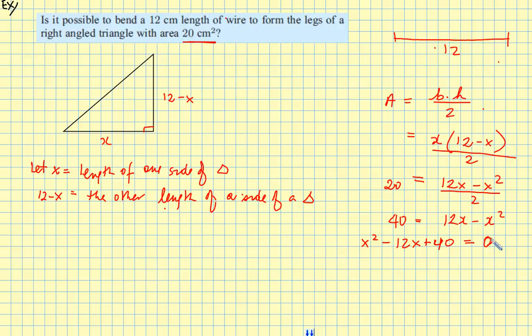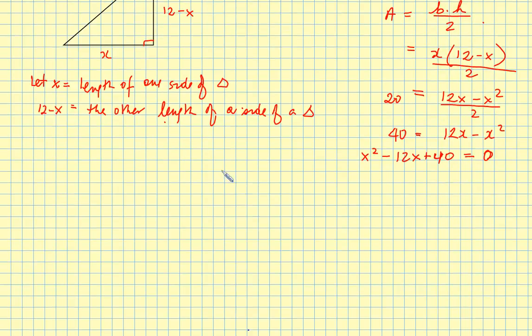Now, I don't think there are any two numbers that multiplied together give me 40 and added give me 12, so I'm going to go to the quadratic formula because I don't want to complete the square. Although I could. Let's try completing the square. That's fine. So in completing the square, I will say x squared minus 12x is equal to negative 40.